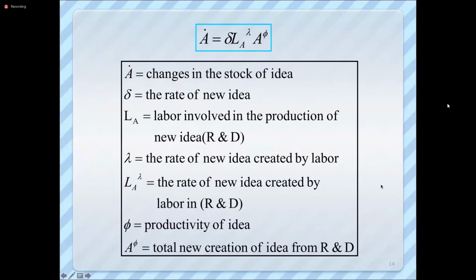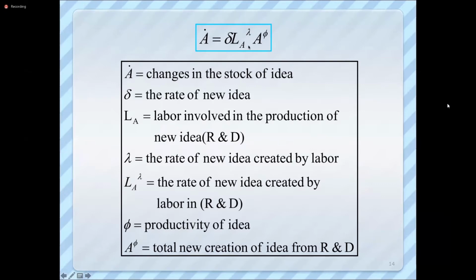Okay, please do not memorize this. Let's look at this one by one. What is this A dot? A dot is the stock of ideas over time, right? And this idea depends on what? The ability of people in that country to engage in research. What is the first variable that is important to come up with ideas? Labor, LA.